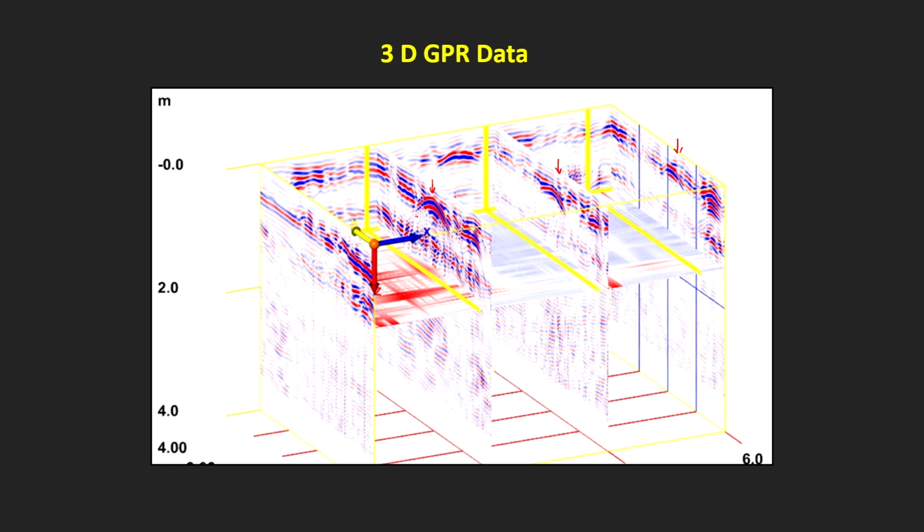You can connect them manually, and if not, the software can help you with that, but you need to identify the features in this region, like what I have shown. So this is one advantage of 3D, and also the depth. You can easily say that below this depth you don't see the utility, so the utility is within this zone in terms of depth.